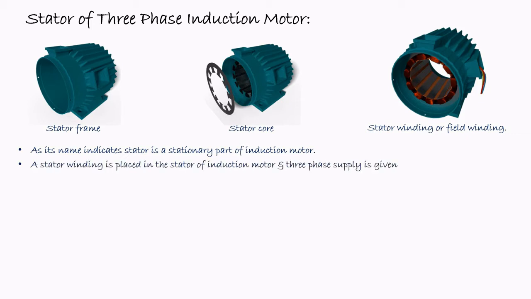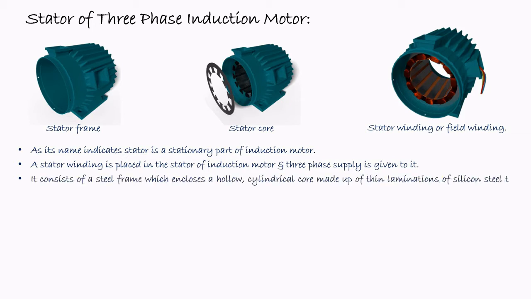The stator winding is basically placed in the stator of the induction motor, and three-phase supply is given to it. It consists of a steel frame which encloses a hollow cylindrical core made up of thin laminations of silicon steel, that is to reduce the hysteresis and eddy current loss.